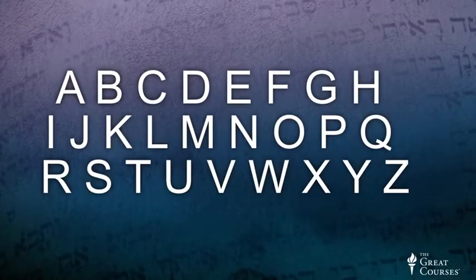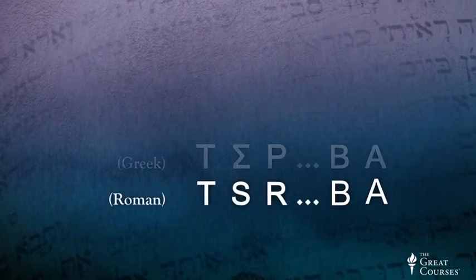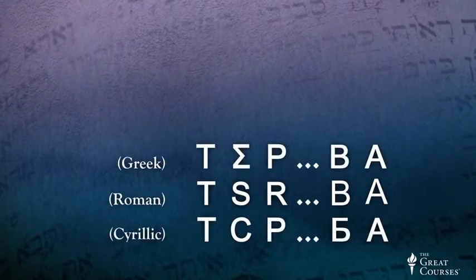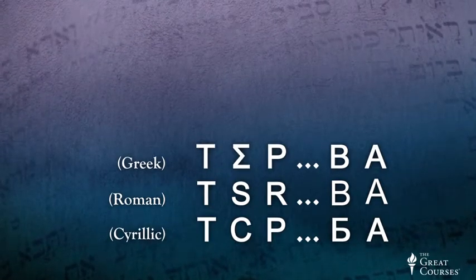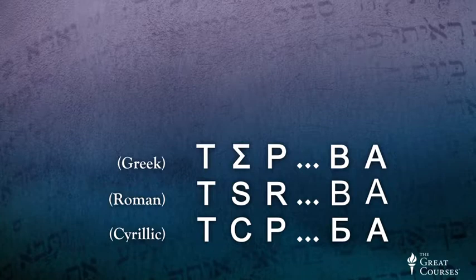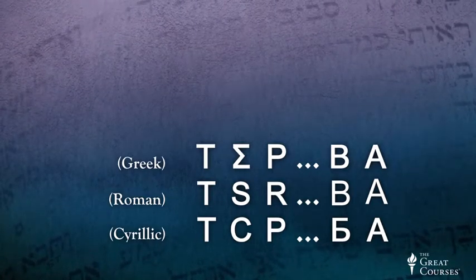A quick public service announcement about the history of writing. Our alphabet, which is the Latin alphabet, the Greek alphabet, the Russian alphabet, they all look a lot alike. That's because the alphabet was only invented once, but it developed into many different forms.